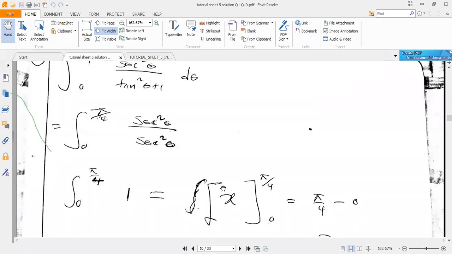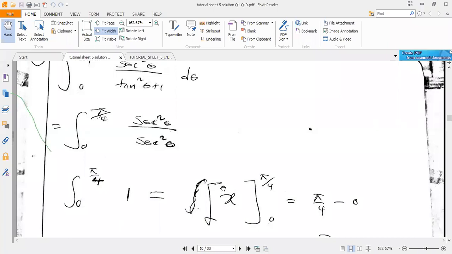Kambele, go ahead. Yes, sir. My question is, when you look at x here, you're saying x to the power pi over 4 minus x to the power 0. Why are you having pi over 4 instead of theta to the power pi over 4 minus 0?